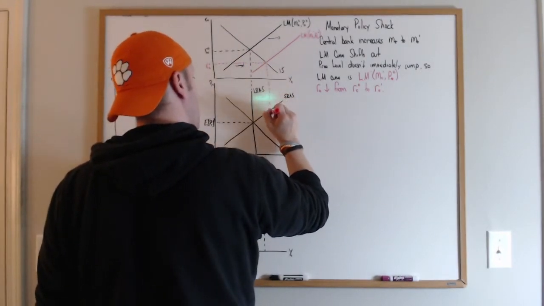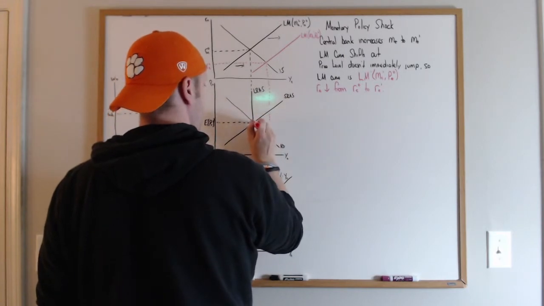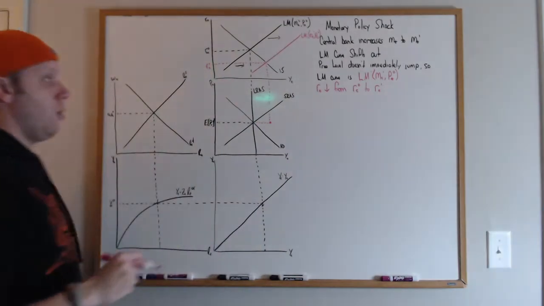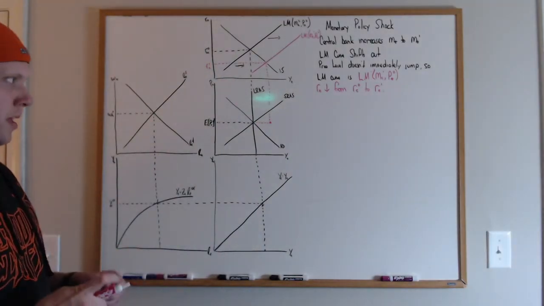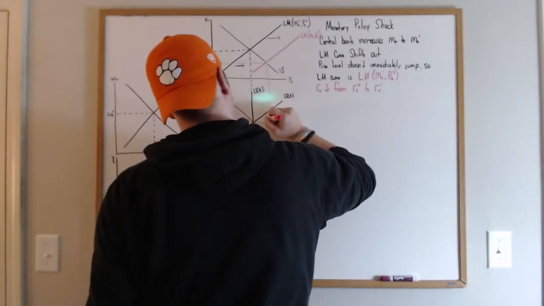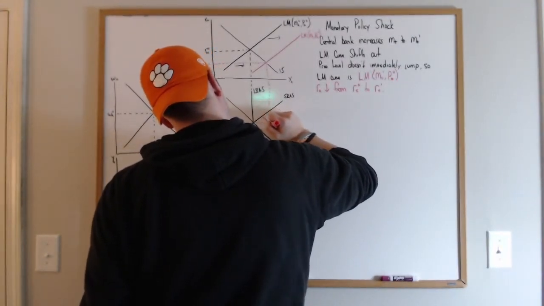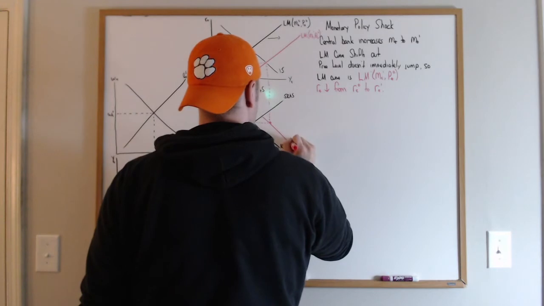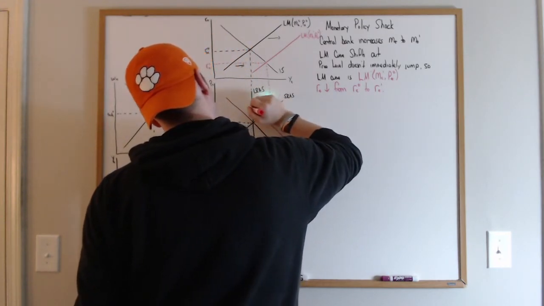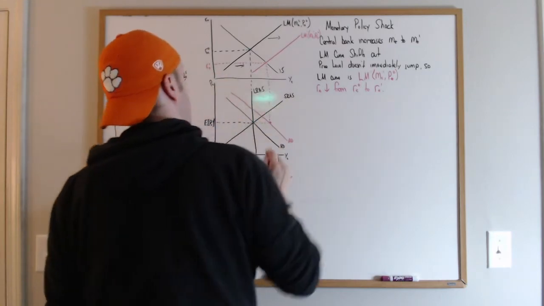We draw this dotted line down, to be horizontal with the expected price level. And this is where the aggregate demand curve is going to shift out, like this.